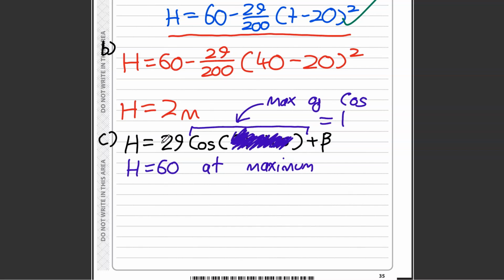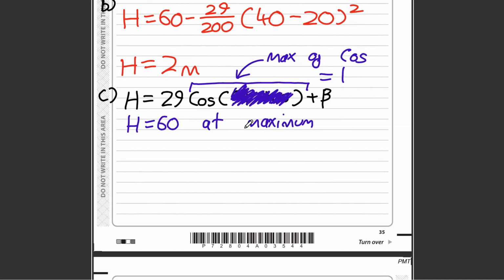So if we're trying to maximize this equation here, this is going to be where cos is at its maximum of 1. So what we're going to do is we're going to sub in 1 for cos. So it's going to be 29, and then instead of this cos function here, it's going to be the maximum, which is 1, and this is plus beta, and the maximum is where h is equal to 60.